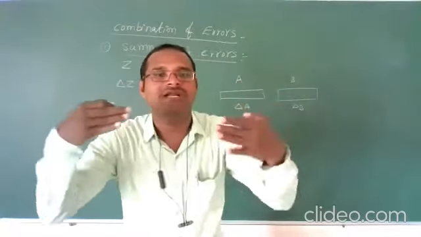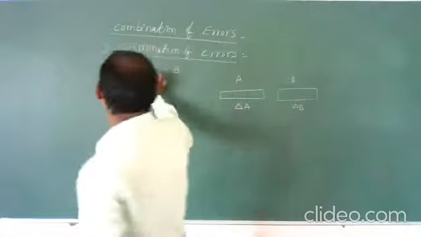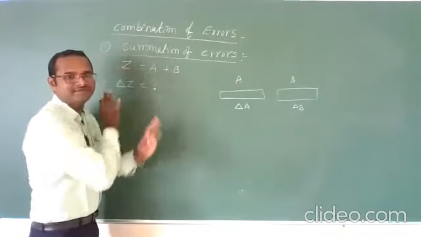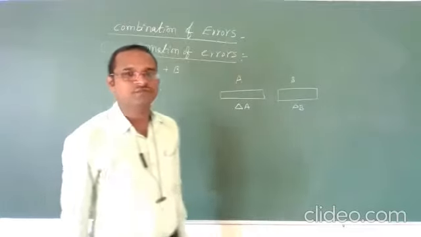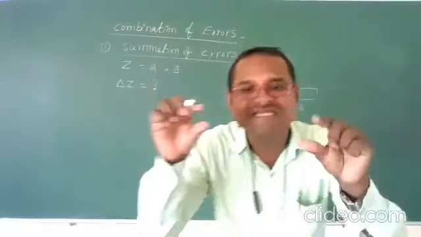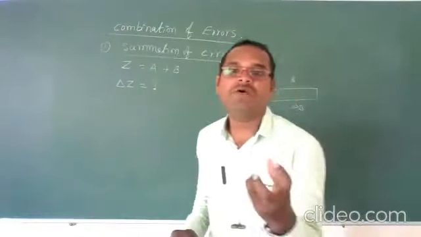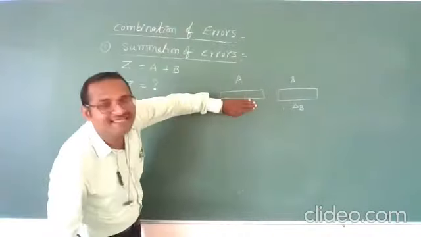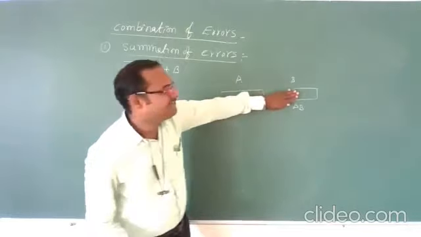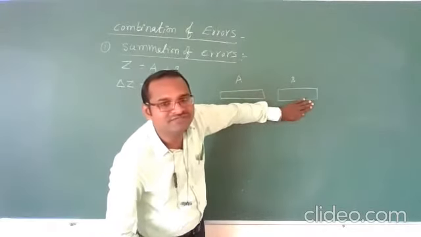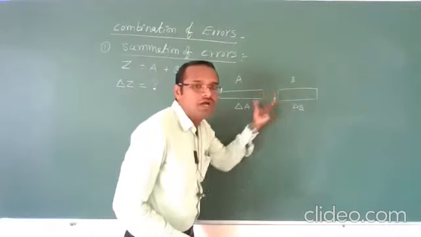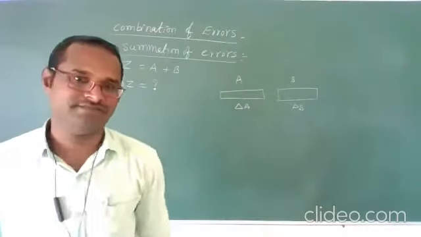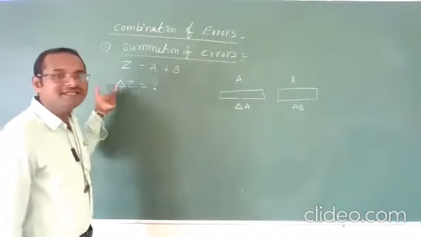How much total length will you get? You will get A plus B. This I am calling by a different name, Z. That is the result. So the original length will become A plus B. Then what about the absolute errors in that length? A has some error delta A, and B also has some error delta B. When you join these two, how much do these errors become? Delta A and delta B, how much will it become? That is my question. Absolute error, how much?